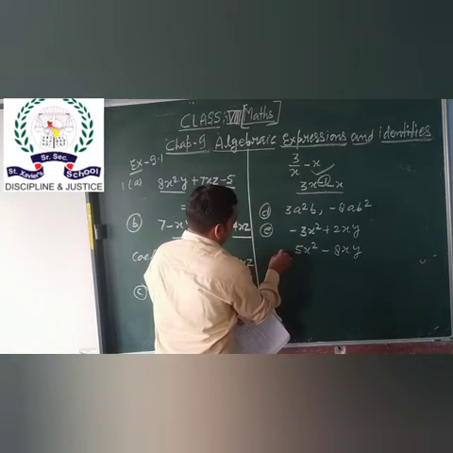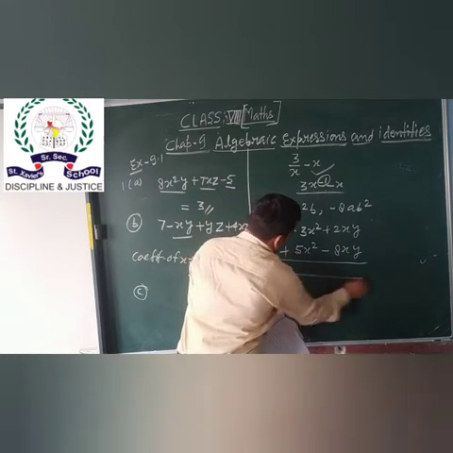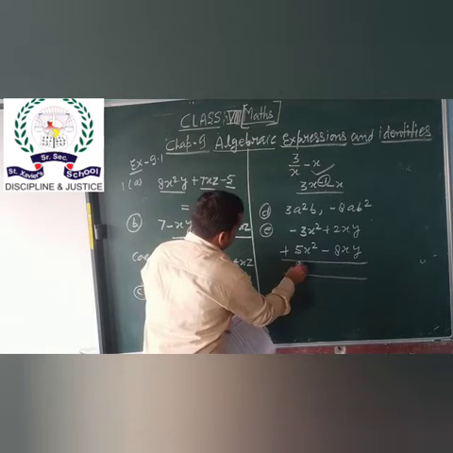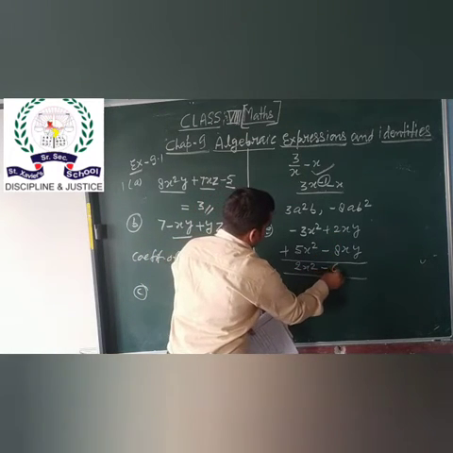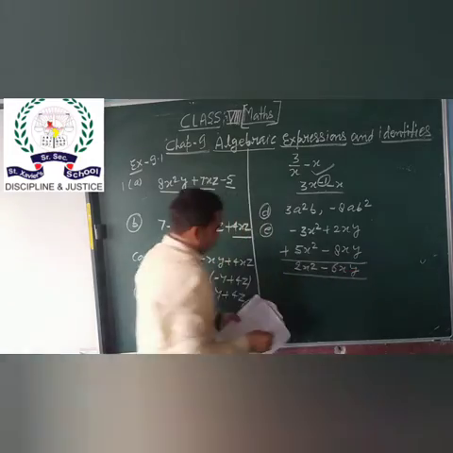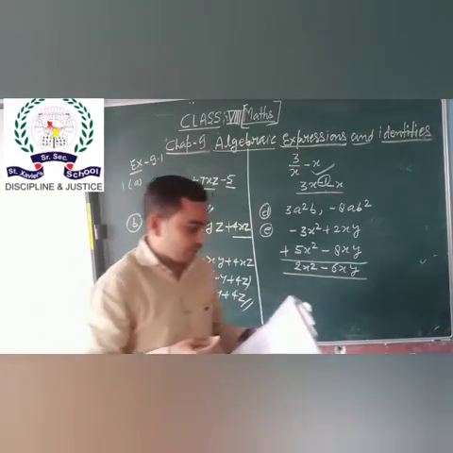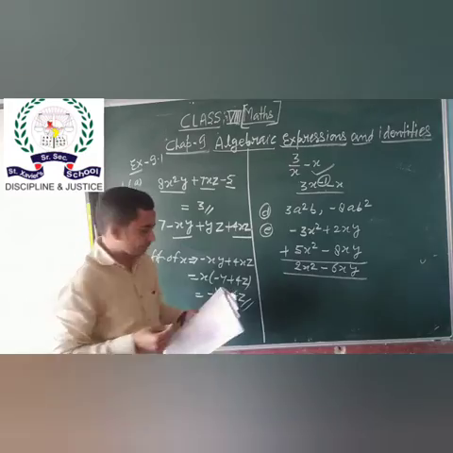When we add, 5 minus 3 gives 2x square, and 2 minus 8 is minus 6xy. So 2x square minus 6xy, the fourth option is correct.